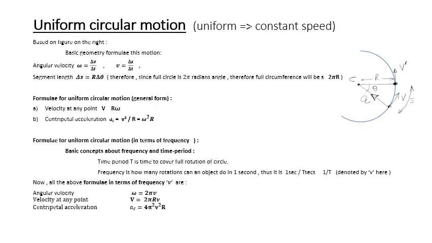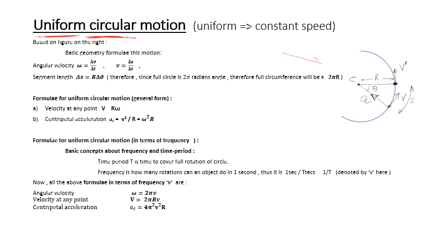In this slide, we will cover a topic, uniform circular motion, as is given in the title. Both uniform and circular words are important here. Now, circular is clear. It is movement around the perimeter of a circle.